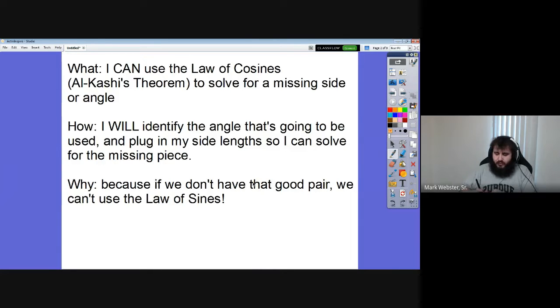And the old mathematician Al-Keshi was the one who initially came up with this in a form. So, back in those days, there was no concept yet of sine, cosine, and tangent.